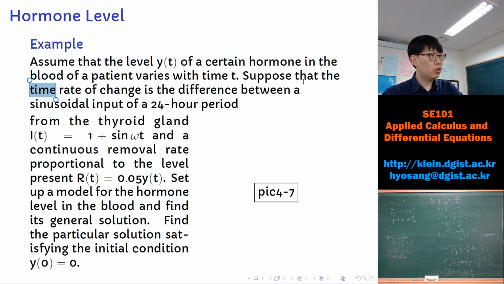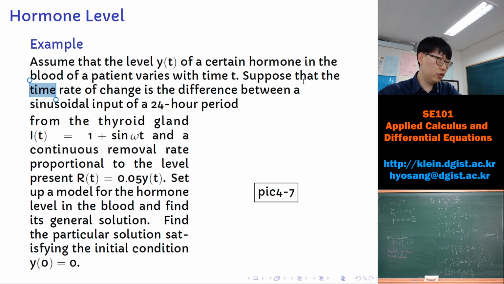The rate of change of the level of hormone is the difference between a sinusoidal input of 24-hour period from the thyroid gland given by the function L, which is 1 plus sine omega t. So it fluctuates with the frequency omega, and a continuous removal rate proportional to the level present, R(t).